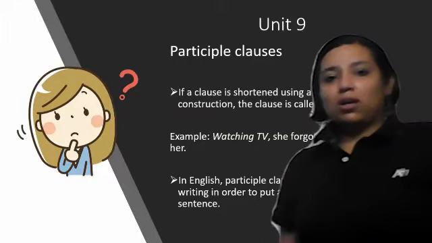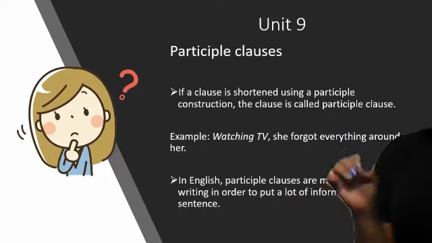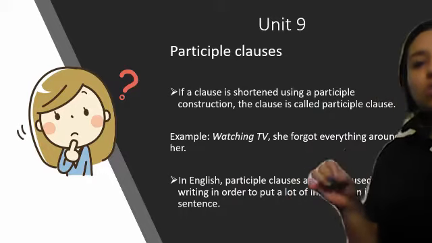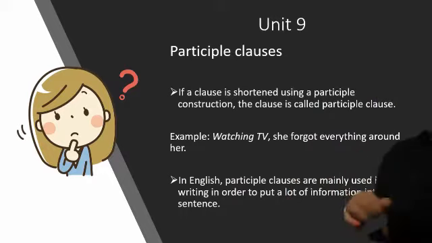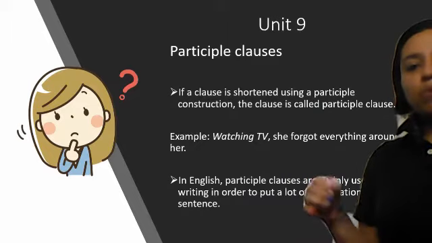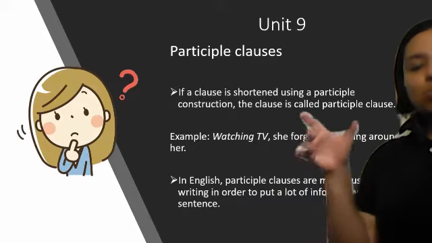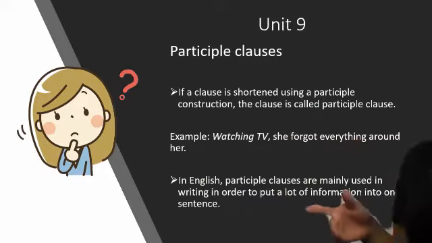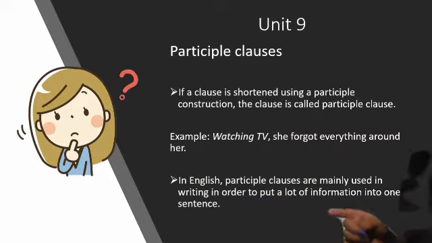Now, participle clauses. If a clause is shortened using a participle construction, the clause is called a participle clause. For example, watching TV, she forgot everything around her. We're just saying what the action was. In English, participle clauses are mainly used in writing in order to put a lot of information into one sentence.